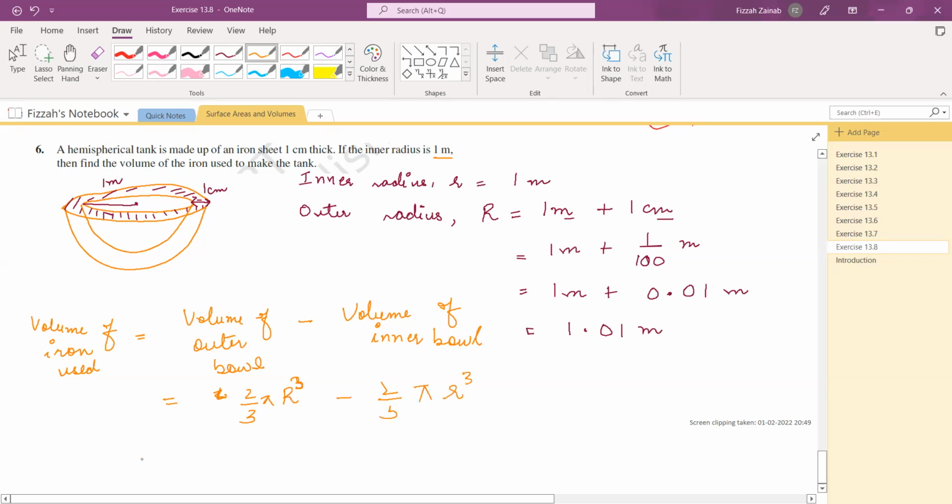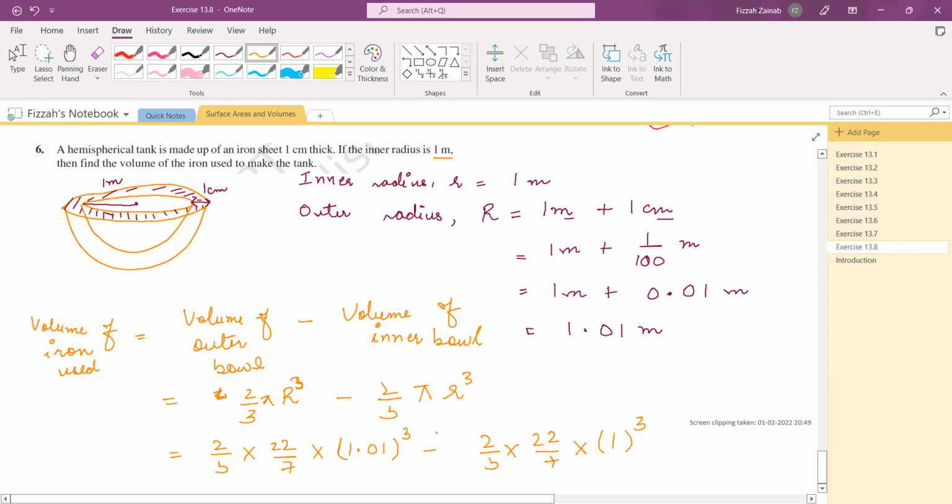Now put the values. So 2 by 3 into 22 by 7 into capital R, which is 1.01 whole cube, minus 2 by 3 into 22 by 7 into small r cube, which is 1 cube, right?